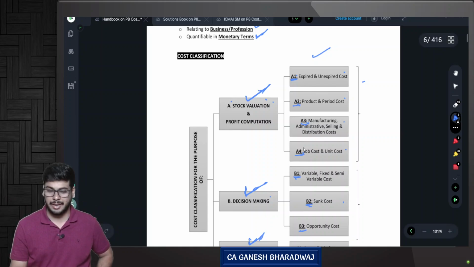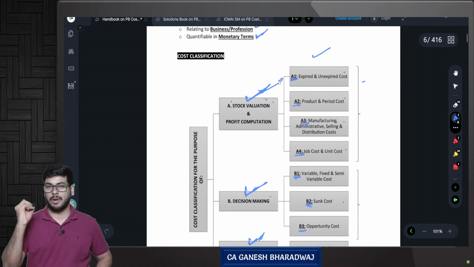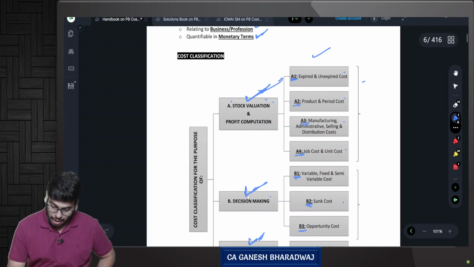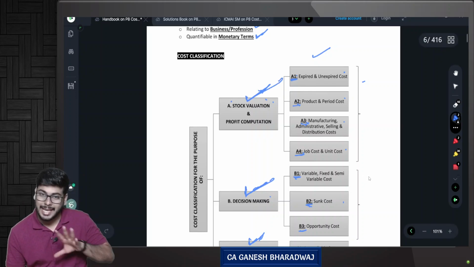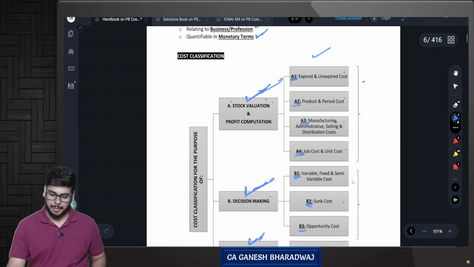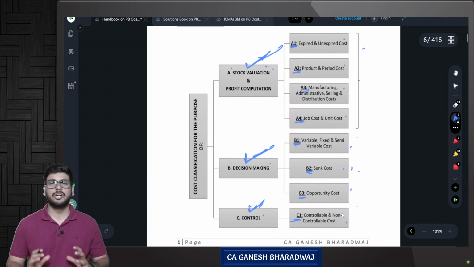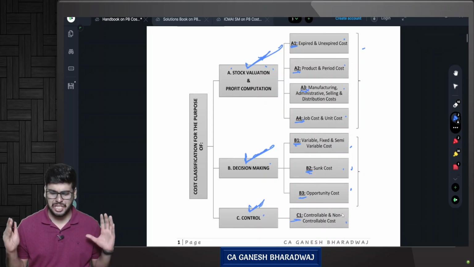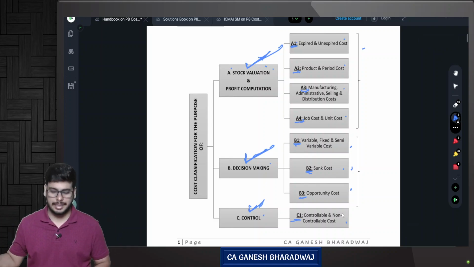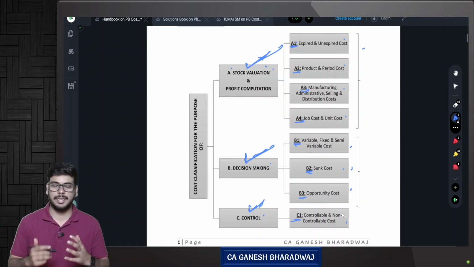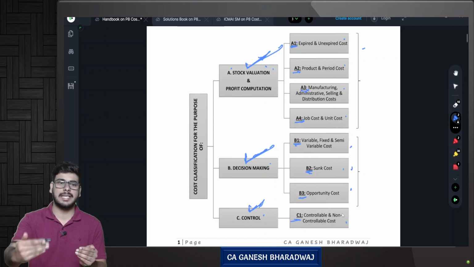For the purpose of stock valuation and profit computation, it is A1, A2, A3, A4. For the decision making objective, the same cost should be looked at from the perspective of B1, B2 and B3. And for the purpose of control, cost should be looked at from the perspective of C1. What are all these things, A1, A2, A3, A4, B1, B2 and all? We will see it in the next lecture.